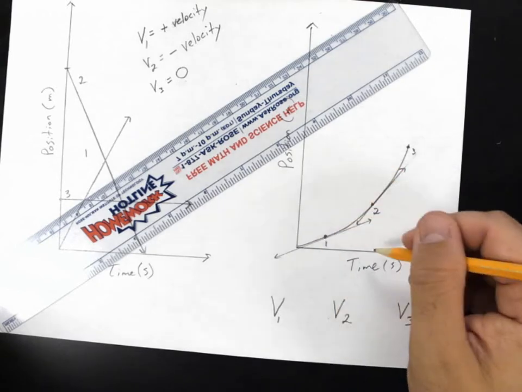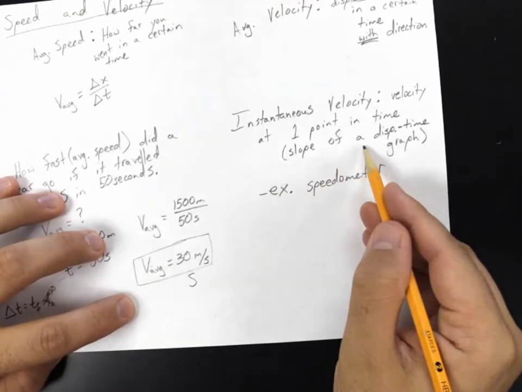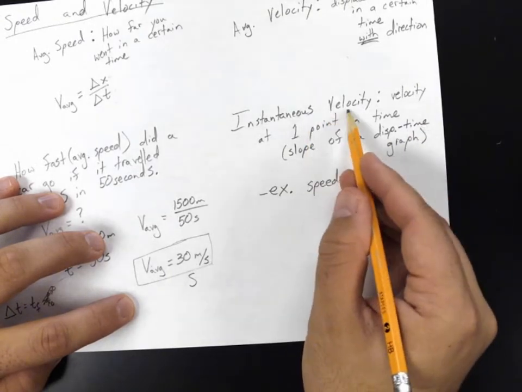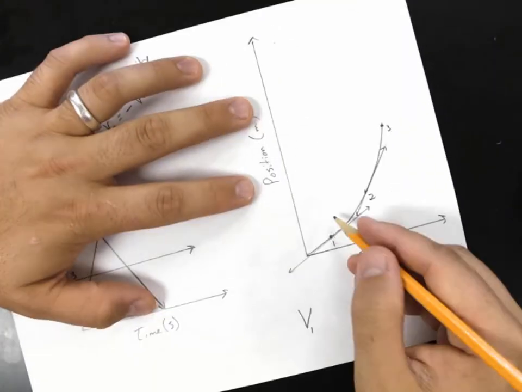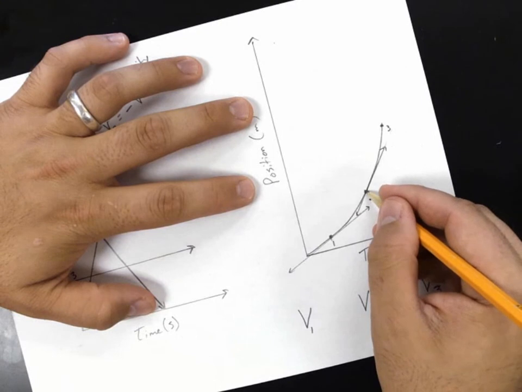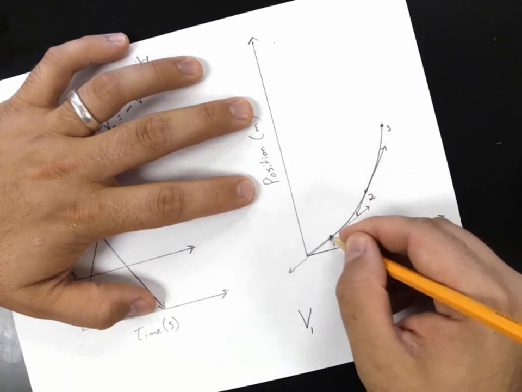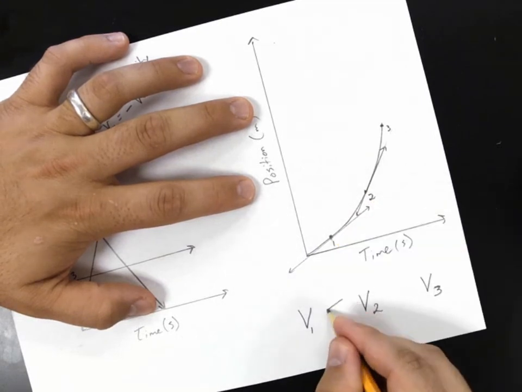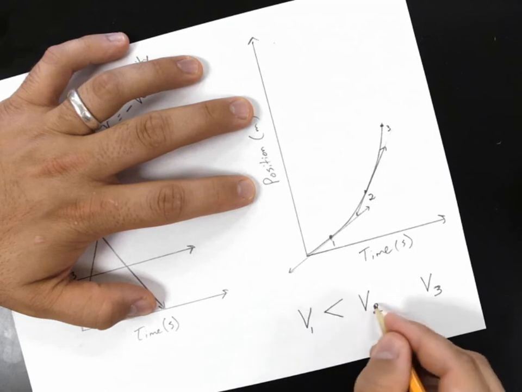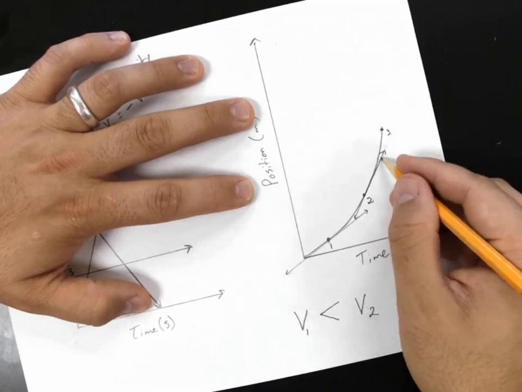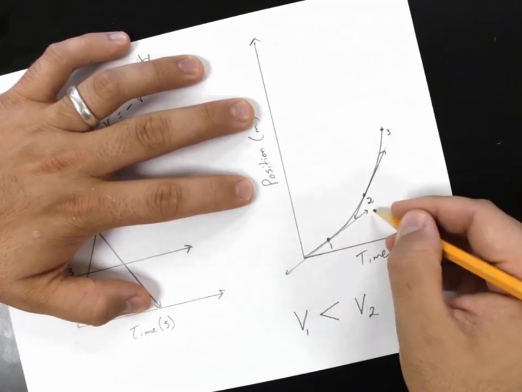On a position-time graph, the slope of a displacement-time graph is instantaneous velocity. So that means right here compared to right here, the velocity was slower. That means that the velocity at 1 was less than the velocity at 2. And you know this because of the slope of that tangent line.